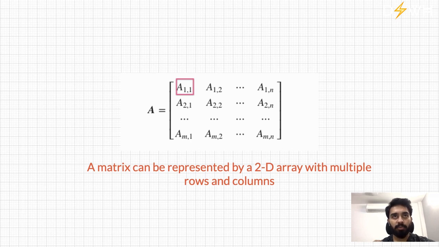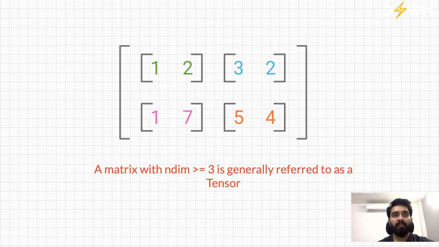Basically, you can talk about each element, for example the element present at first row and first column can be denoted by a1,1. So that's the notation to specify a particular element present in a matrix. Then we have a matrix with dimension greater than or equal to 3, which we generally call a tensor.